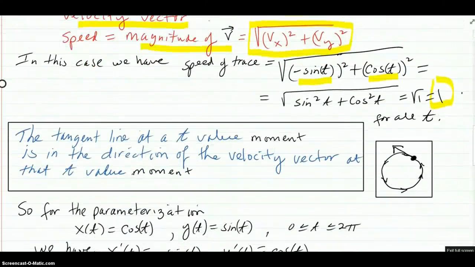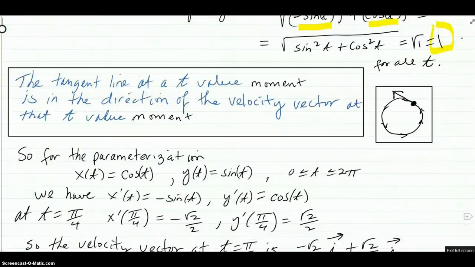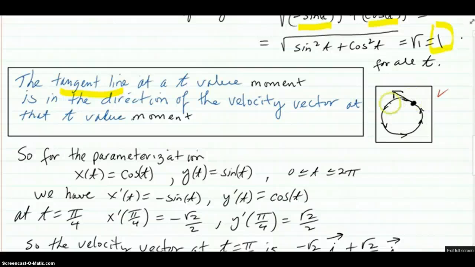So here's an important fact. The tangent line at a t value moment is in the direction of the velocity vector at that t value moment. And look at this little picture here. Here's your circle being traced out counterclockwise. So when you're at t equals pi over 4, this is where you are.